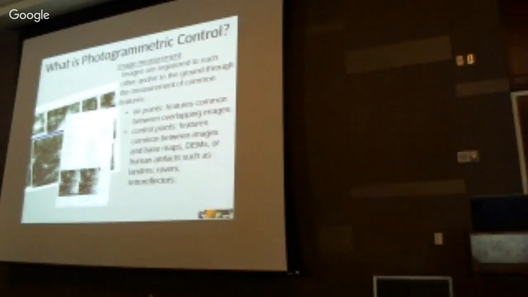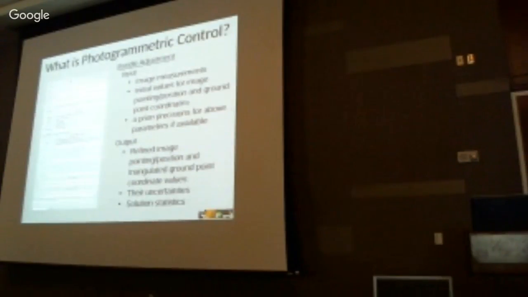Then these image measurements, along with whatever values you have for SPICE at the time, go into this big old fancy algorithm that we call the bundle adjustment, and we run it, and if everything goes nicely, what comes out are better values for the SPICE, and then we can use those to make prettier mapping products. Well, I guess Tammy was right. It's just that easy. Two steps, and we're done.